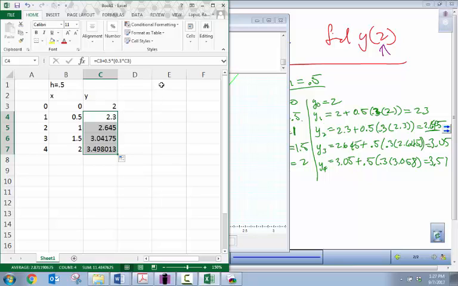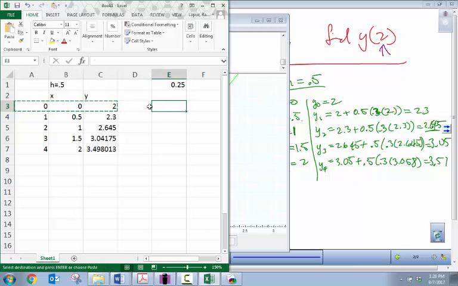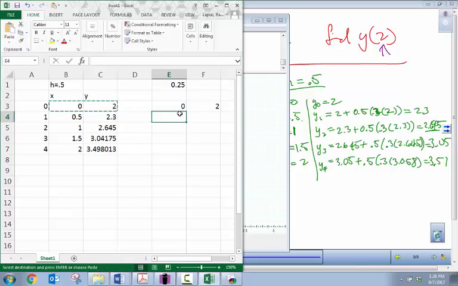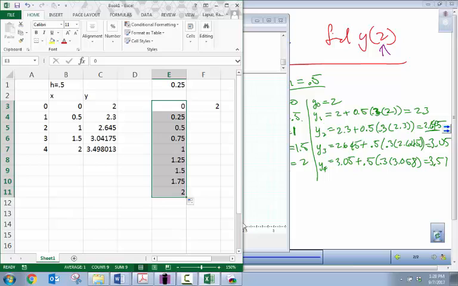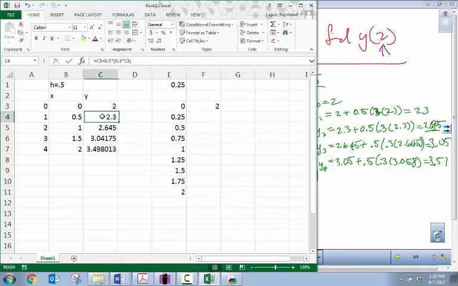Okay, let's do a step size of 0.25. We'll start off with the same initial values over here, and instead of 0.5, we're going to take steps of 0.25. It's going to take me a little bit longer to get to 2, because I'm going to have more intermediate steps. And what was the formula again?